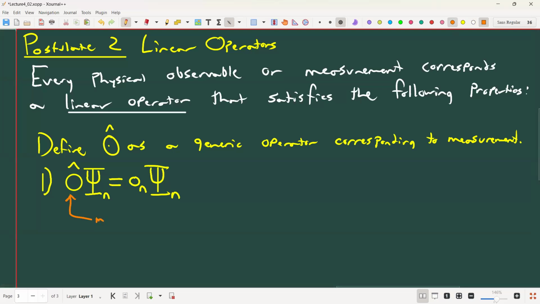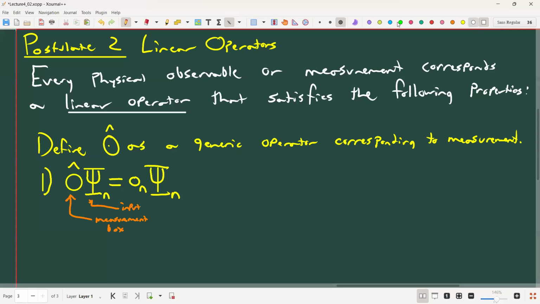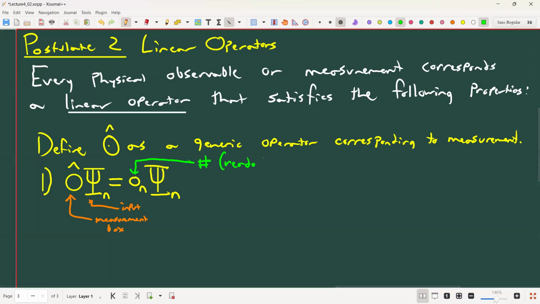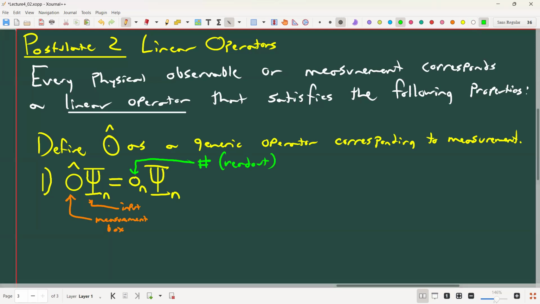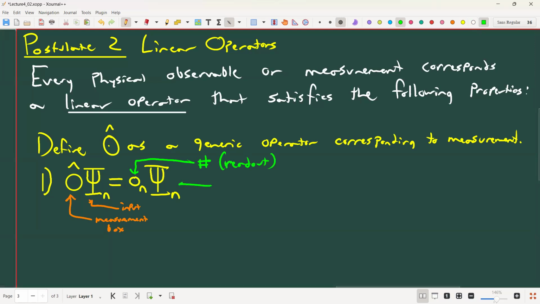This is my measurement box. This is my input state. And I get out a number. This is my readout, the result of my experiment. And I get the original function.